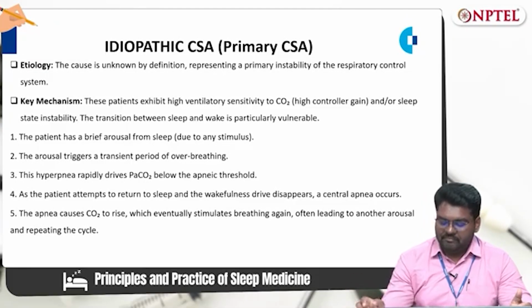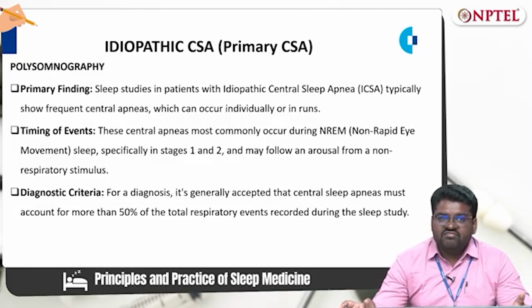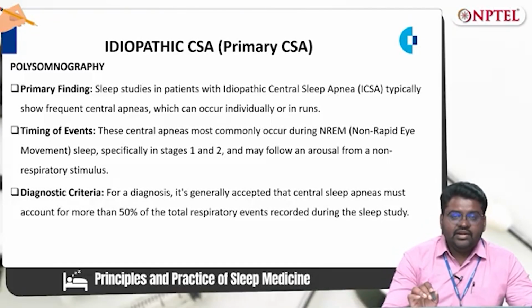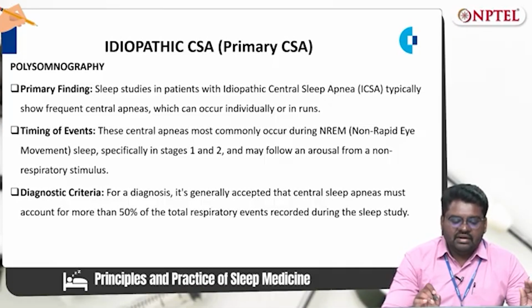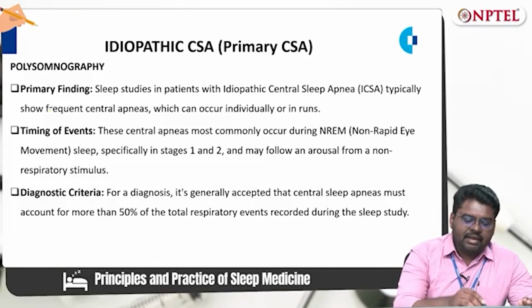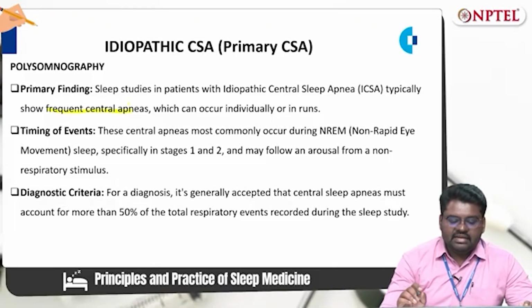same cycle. What will be the polysomnography finding in idiopathic central sleep apnea? In idiopathic central sleep apnea, the polysomnographic findings will be frequent central sleep apnea. Okay. Then the timing of events: this central sleep apnea most commonly occurs during NREM sleep.